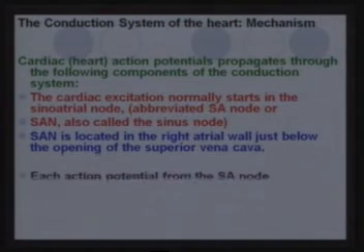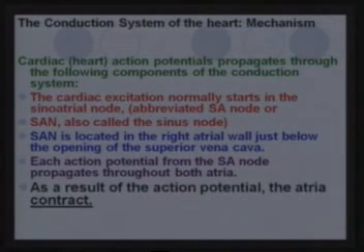So in the right atrium, you have the sinoatrial node, which is located in the right atrial wall, just below the opening of the superior vena cava, and it has a rhythm which contracts.